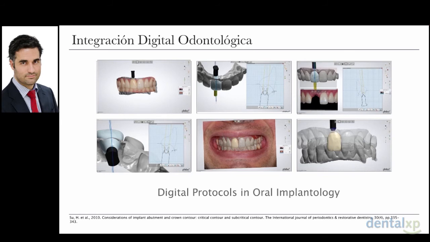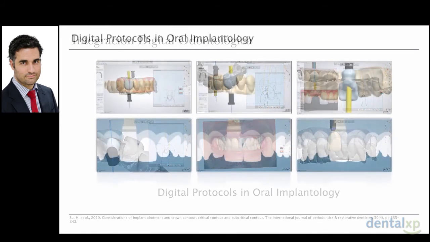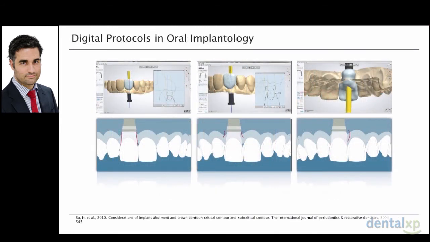So how can I use only PMMA and manage my emergence profile with only CAD/CAM, with PMMA manufactured with CAD/CAM technology, and how can I apply this protocol from Sue in a digital pathway? So what I asked Daniel is, please Daniel, design me 3 provisionals.